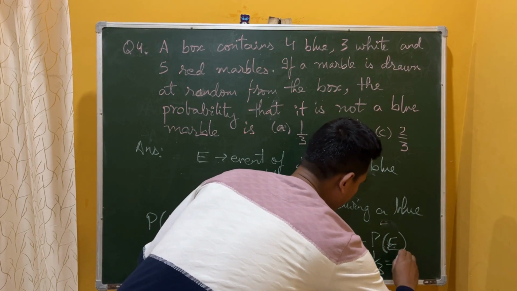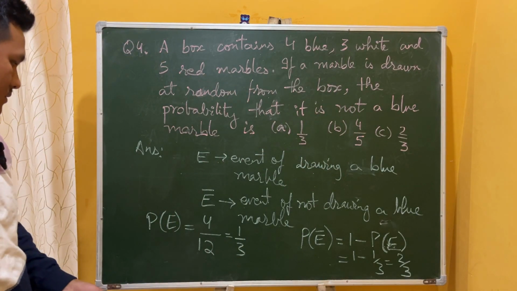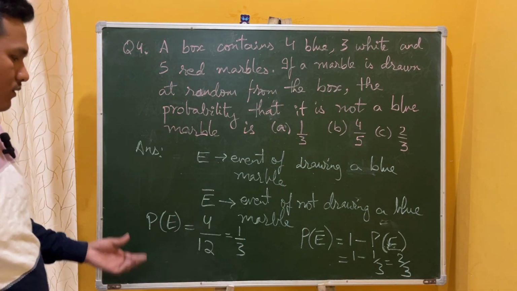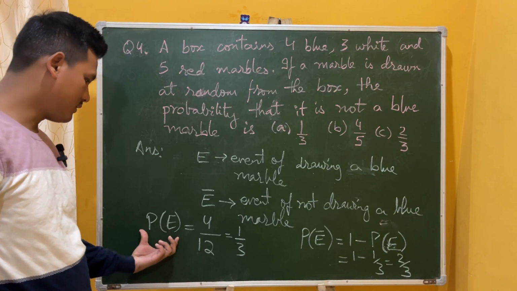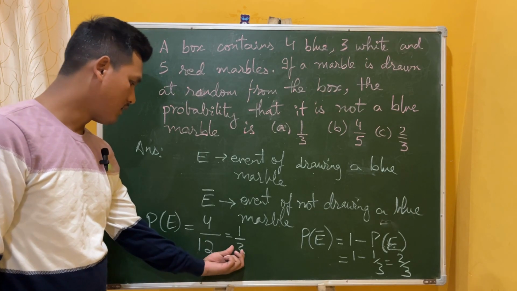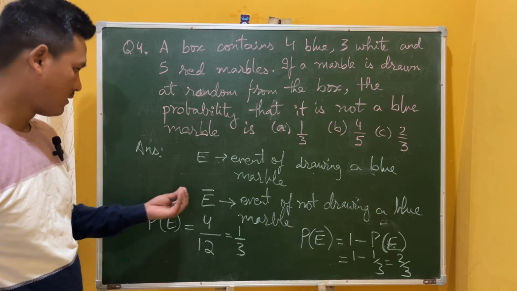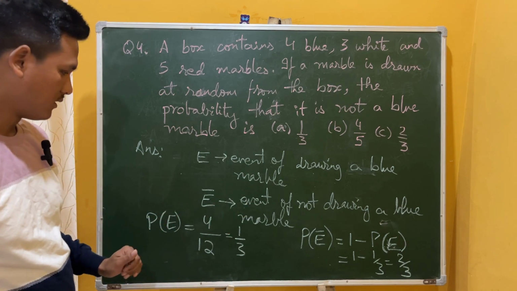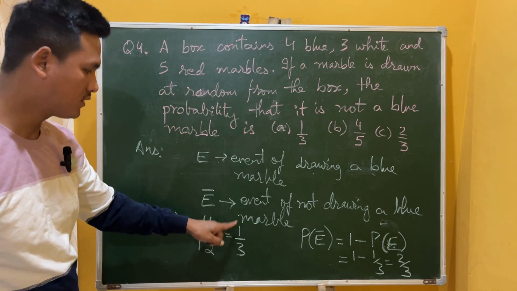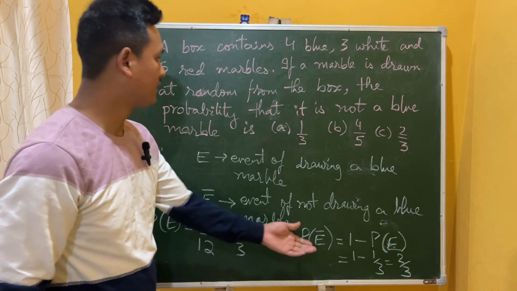The answer is 2 by 3. You should know from here also, if the probability of this is 1 by 3, then the complement of this is the event which is not going to happen. So 1 out of 3 is happening means 2 out of 3 is not happening. So this is your answer.